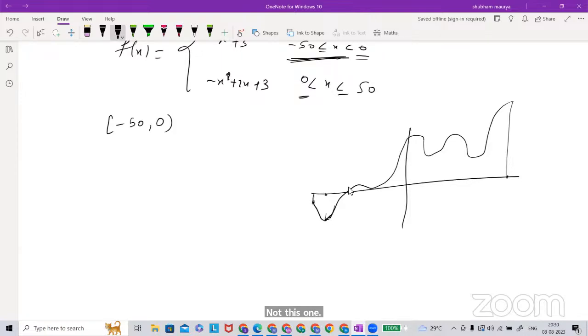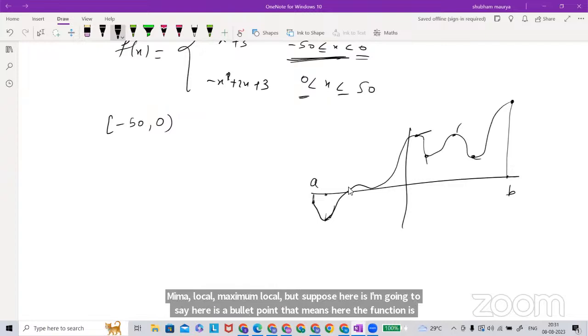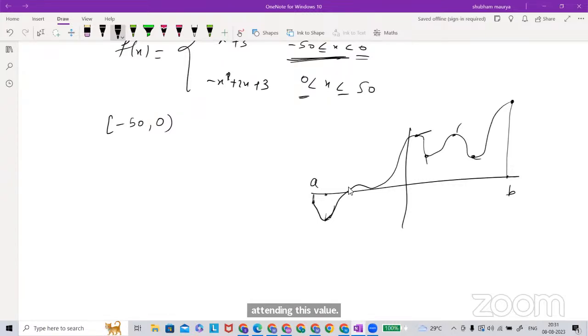In this interval, let's say this is A and B. These points are local maxima, local minima, local maxima, local minima. Suppose here is a bullet point, meaning the function attains this value. This point is going to be the local, not global, maxima.